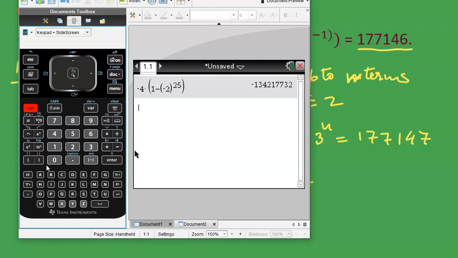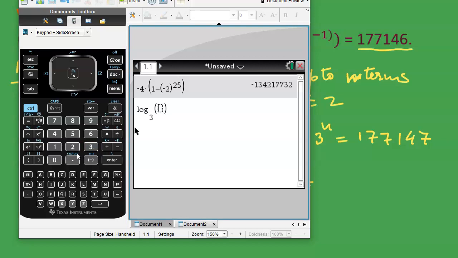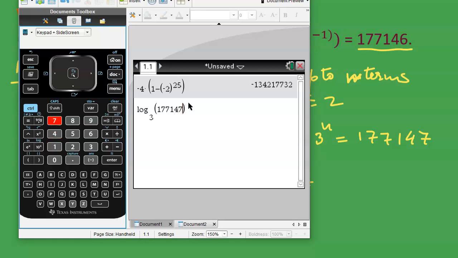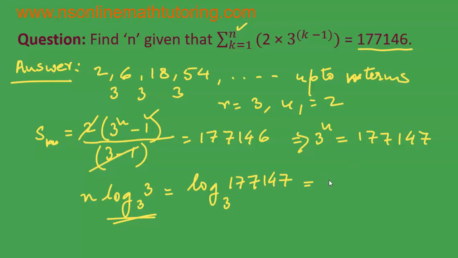Log to the base 3 of 177,147. Let's see. It is 11. So this is equal to 11. Or since this part is equal to 1, therefore we may write n is equal to 11. So this is our answer. n is equal to 11.